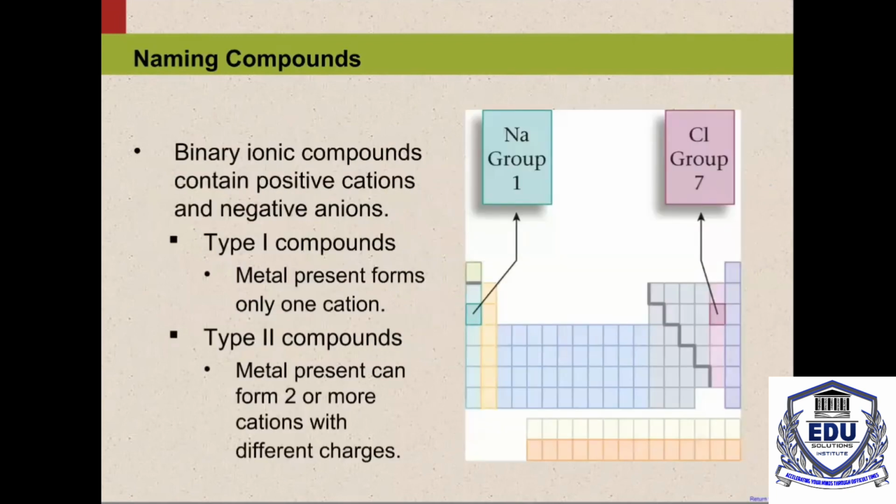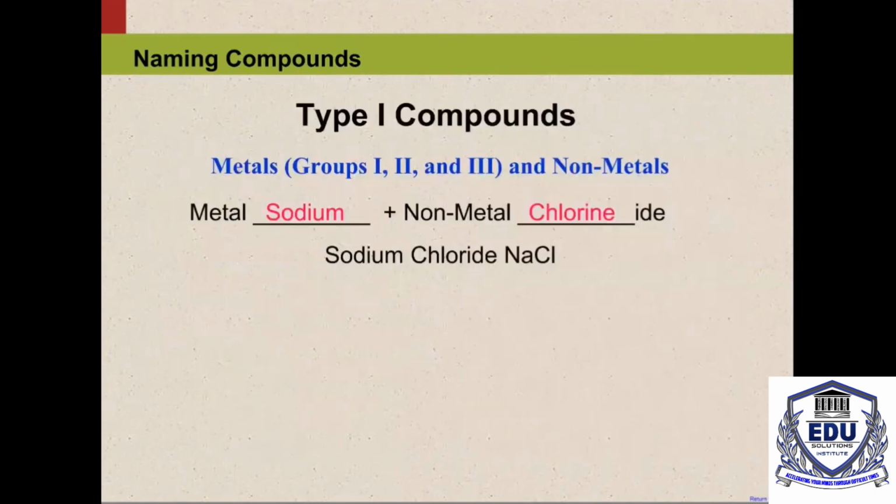So we know that metals are elements in group 1, 2, and 13. And then the nonmetals are from group 15 to group 17 for their reactivity aspect. If we take this example, the metal sodium reacting with the nonmetal chlorine, we get the compound called sodium chloride.